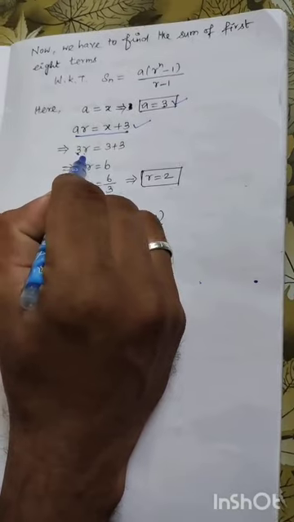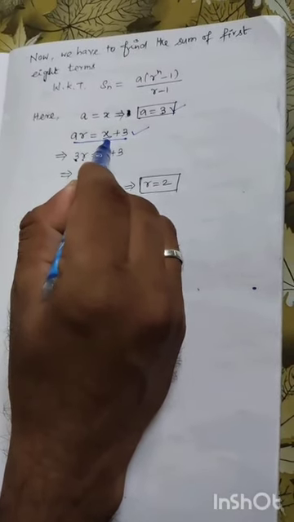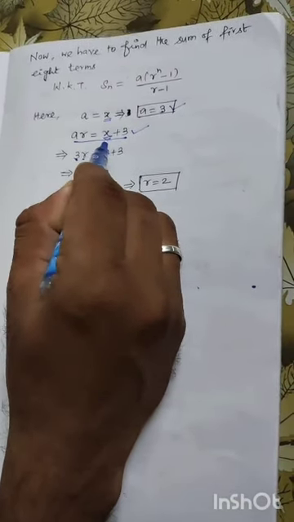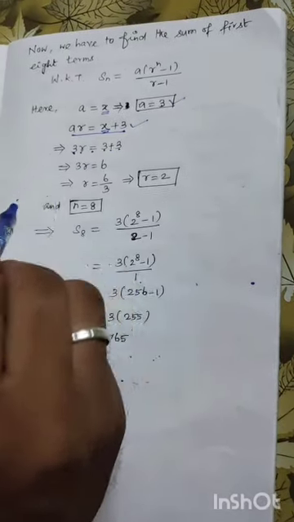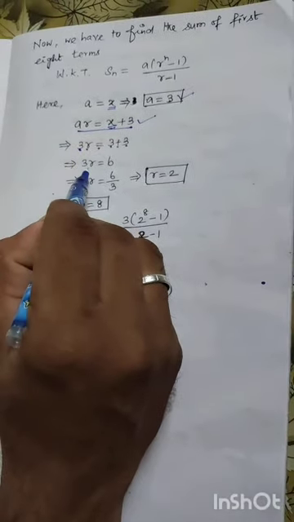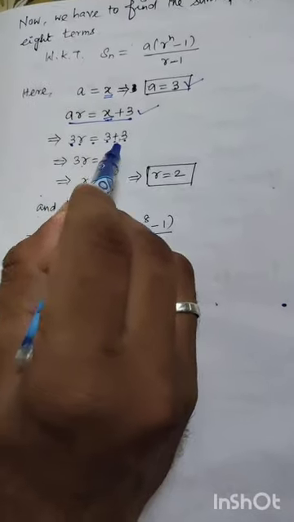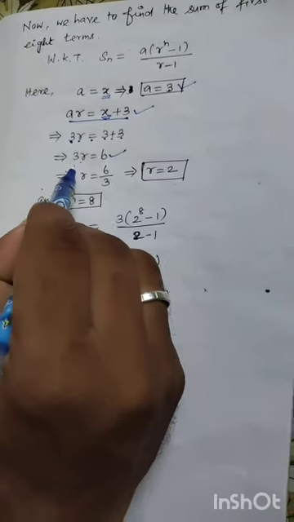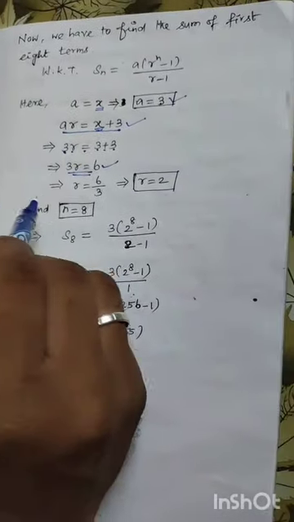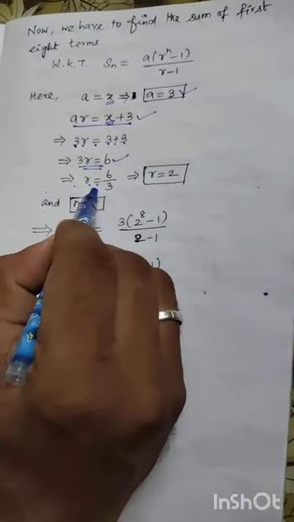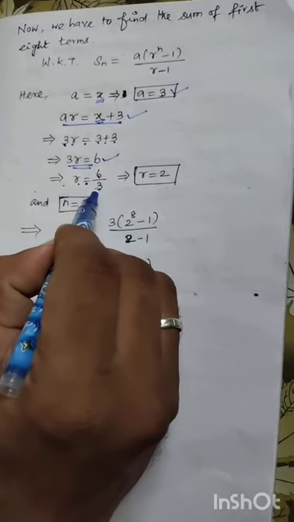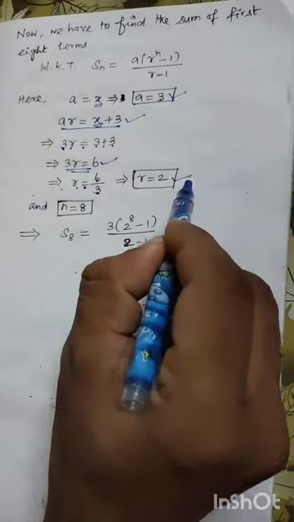We get 3r is equal to, x is also 3, so 3 plus 3, which implies 3r is equal to 6, so r is equal to 6 by 3, which means 2. So r is equal to 2.